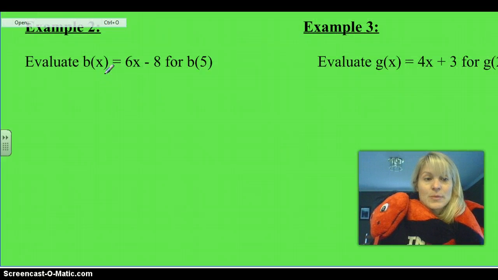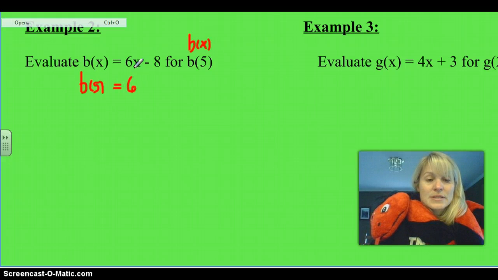So let's do this example. We have b of x. So we have the function of x and b, 6x minus 8. So again, like I told you before, if it helps, just put this over like this. And we can see that 5 is in the x position. So I want to know what b of 5 is for this function. So I go through and I put 6. Now instead of x, I'm going to replace that with 5. So we have 6 times 5 minus 8. Okay?